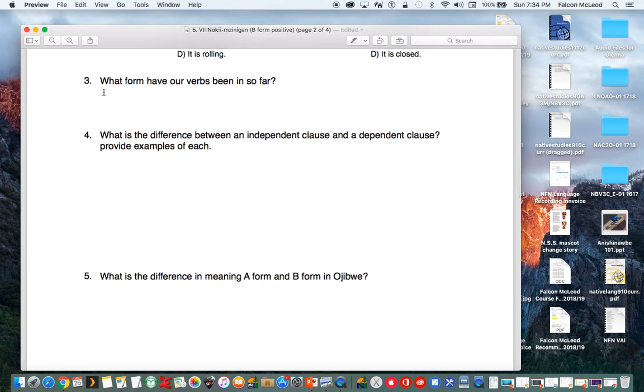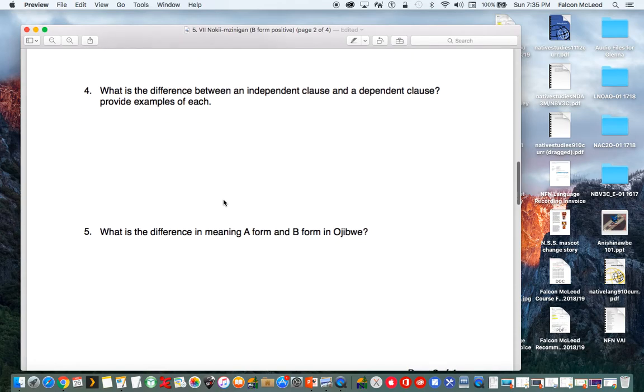So, what form have our verbs been in so far? Prior to this lesson, what form has our verbs been in? Have they been in A form, independent clause, B form, dependent clause, or C form? What is the difference between an independent clause and a dependent clause? Provide examples of each.